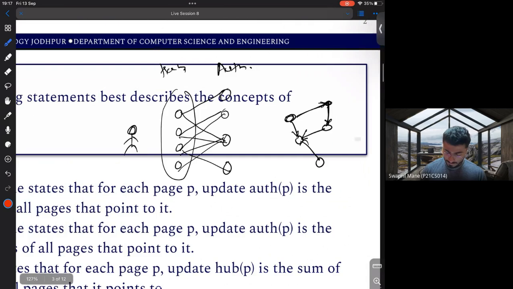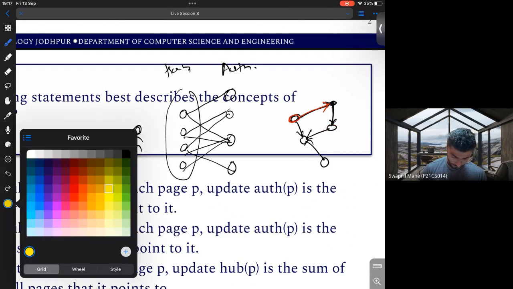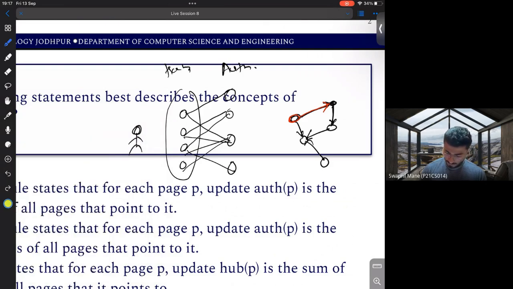So you can see here, when this node is referring to someone, at that time this node acts as a hub.